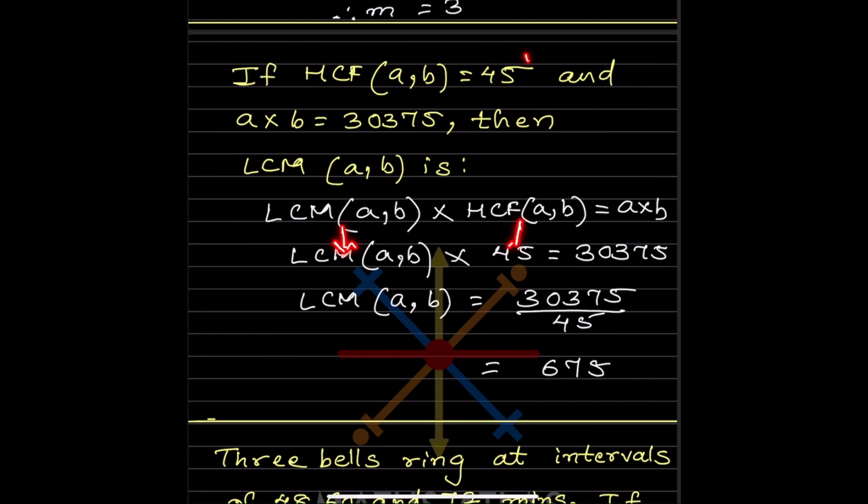The HCF is given, that is 45, and A multiplied by B is 30375. So what will you do? This LCM will be, this is multiplication, so when it goes to the other side, it is going to get divided. And when we divide this one, you can check, that will be 675.